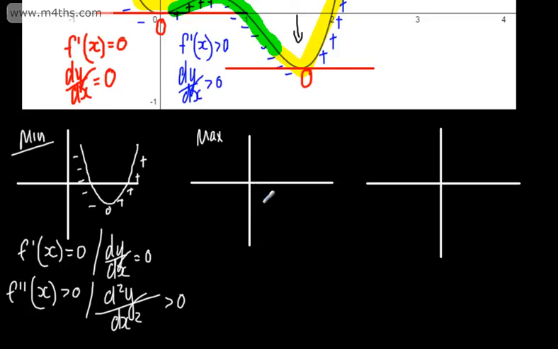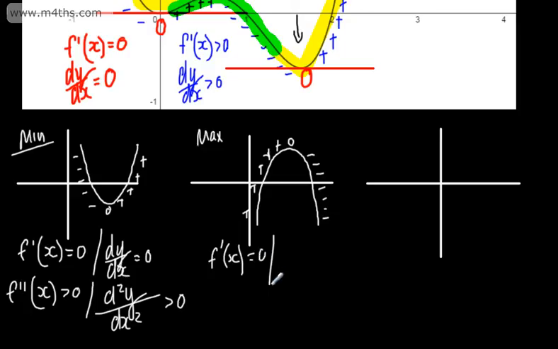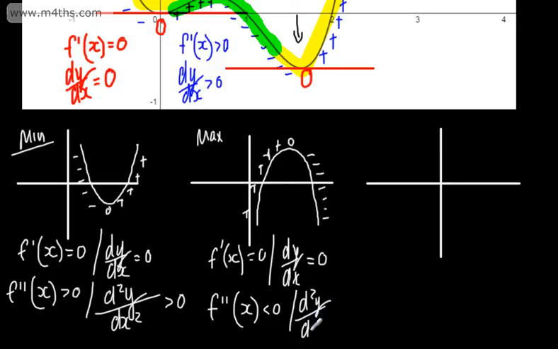So let's look at a maximum. A good example of this again is a parabola, and this time a negative quadratic. So we've got a positive gradient, right the way up to a 0 gradient, then a negative. The conditions for this to be a maximum, as always, if it's stationary, f dash of x will be equal to 0, or if you're using dy dx notation, dy dx will be equal to 0. We can say that the second derivative test, f double dash of x, this time will be less than 0, or if you like, d2y by dx squared is less than 0.